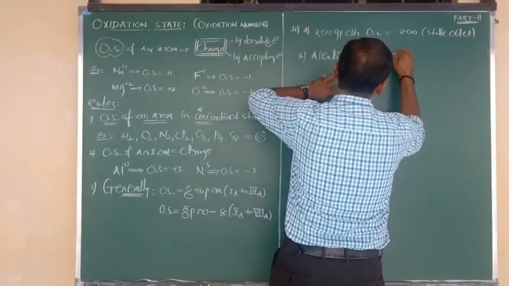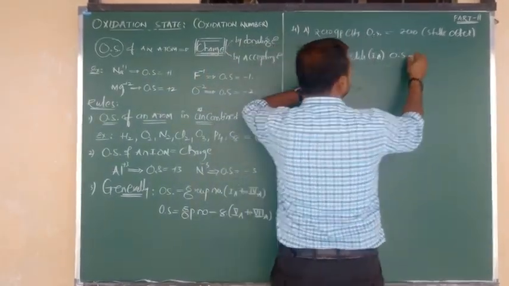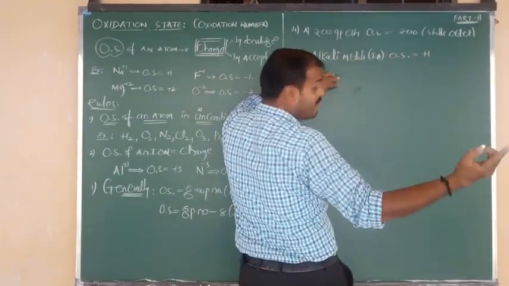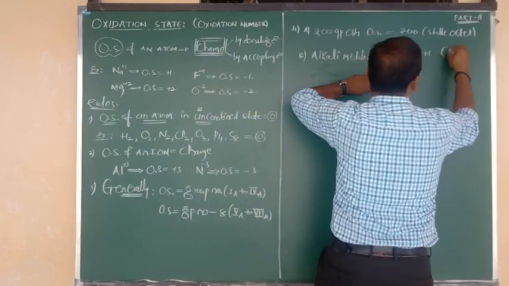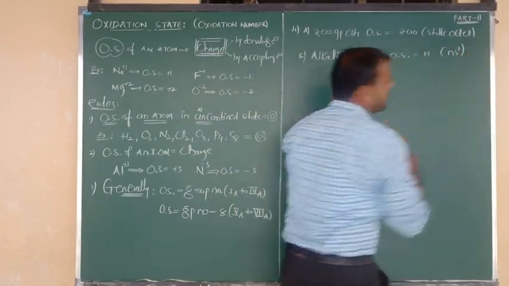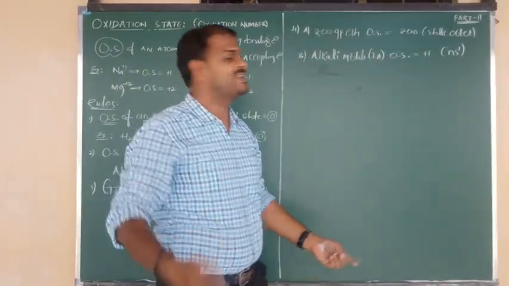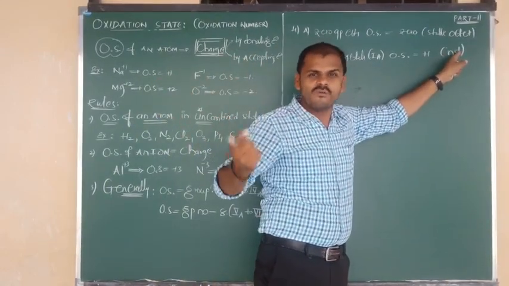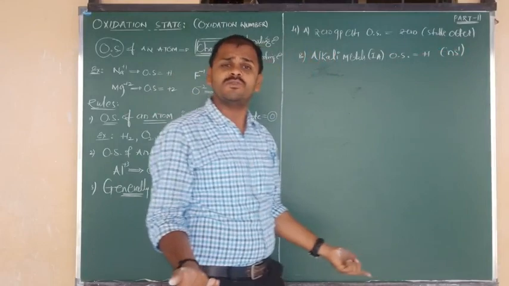Their oxidation state must be equal to +1, because all alkali metals have the outermost electronic configuration ns1, meaning they can easily lose the outermost 1 electron. By the loss of 1 electron they get the charge +1.